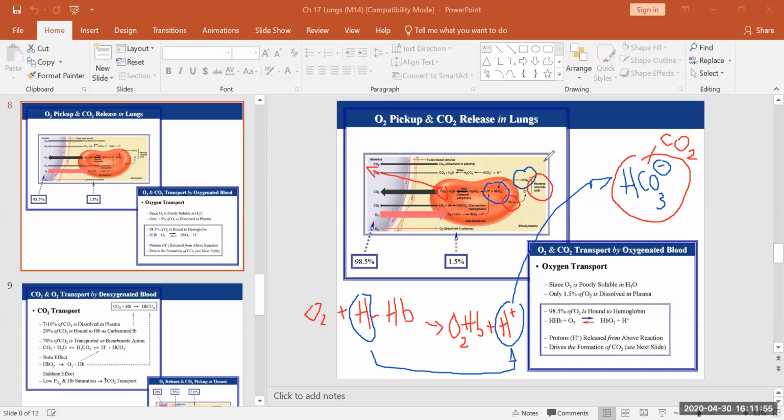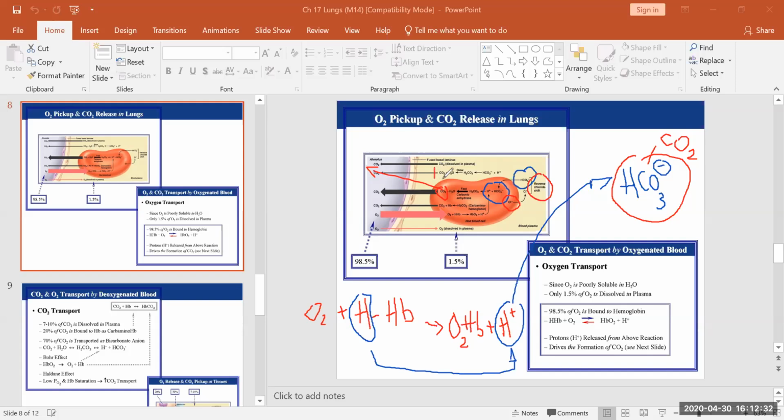All right? 70% of all CO2 in the body is being transported not in the form of CO2, but in the form of HCO3 minus. So when that HCO3 minus gets into the red blood cell, ultimately it has two functions. It prevents pH dropping because of the presence of free floating protons, but also when it neutralizes that proton, it helps itself to drive the equilibrium toward the production of CO2.